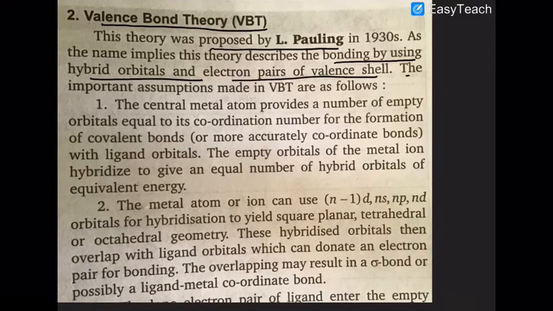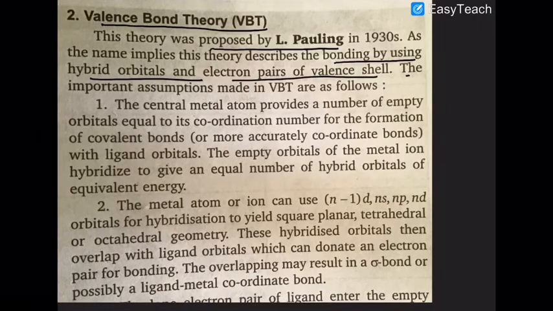Now we already know that only the valence orbitals and valence electrons participate in bonding, and the valence orbitals which are equivalent in energy level will undergo intermixing. It is not that when the energy levels are far apart they can intermix.